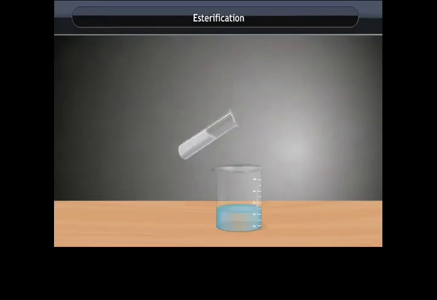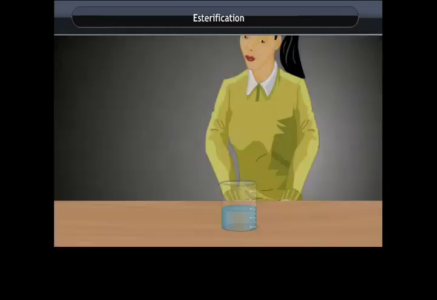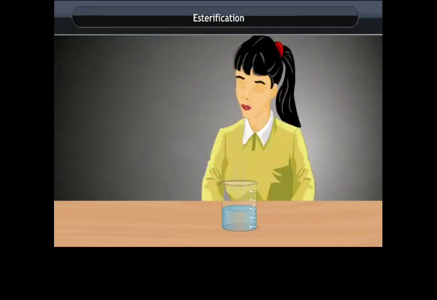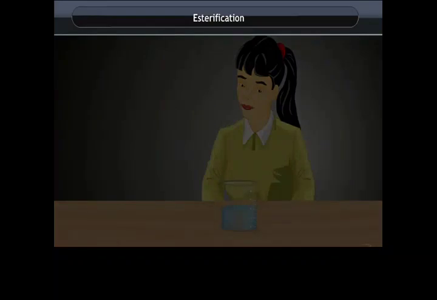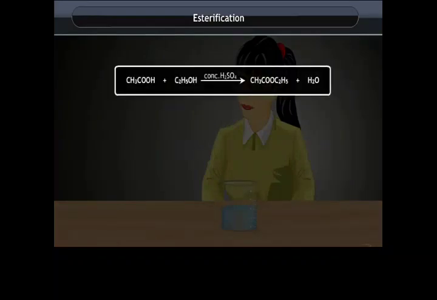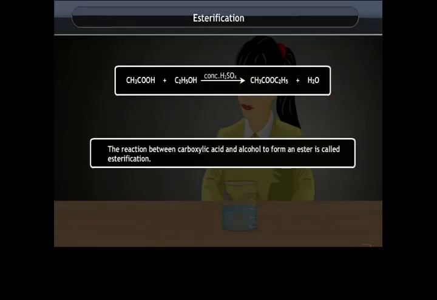Pour into a beaker containing 20 to 50 ml of water and smell the resulting mixture. You will observe that a sweet smell is coming out from the solution. In this activity, ethanoic acid reacts with ethanol to form the ester ethyl ethanoate in the presence of concentrated sulfuric acid.